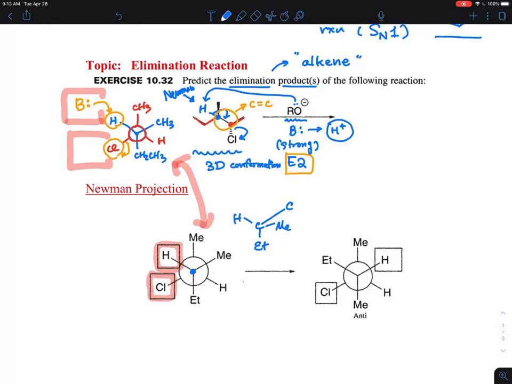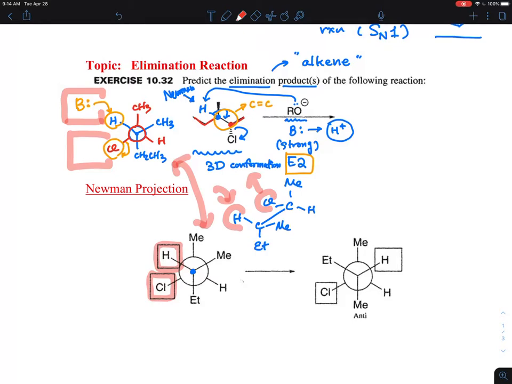And the one in the back is essentially methyl, hydrogen, and chlorine. The idea here, once more, is they are on the same side, and having the base coming in this way, and this one is a leaving group, is quite crowded.